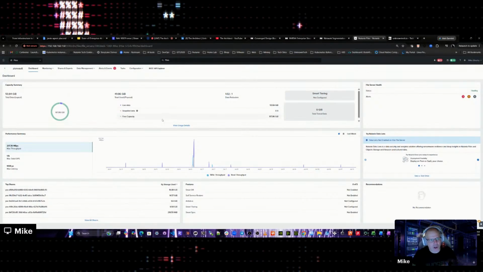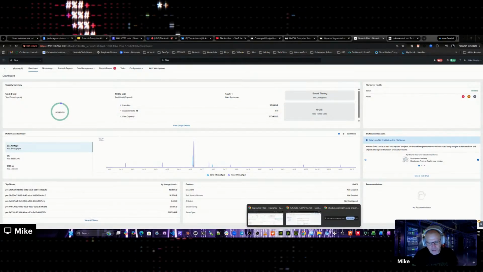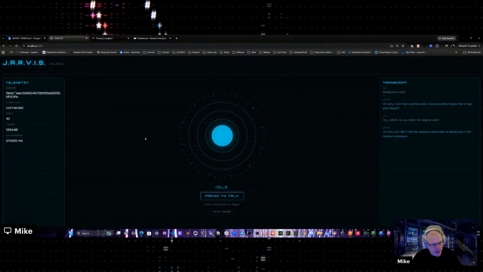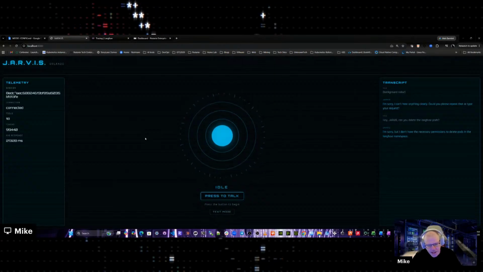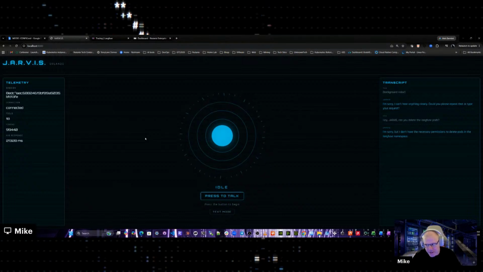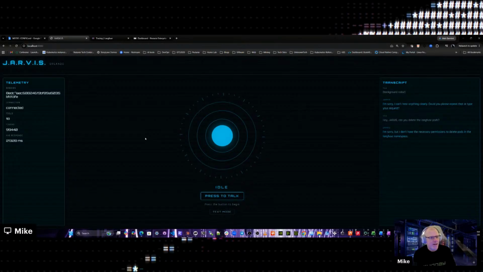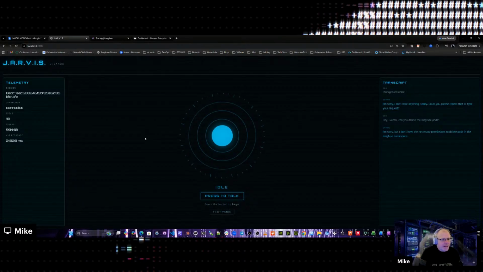The application I'm working on right now, which will be a future session, is Jarvis. This is Jarvis built from scratch, as an agent using LangChain, and I have a complete harness wrapped around this. That's what we're going to get to in the coming weeks.